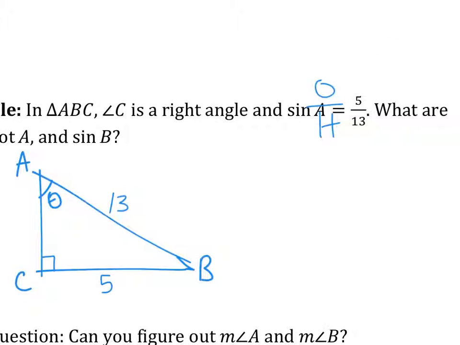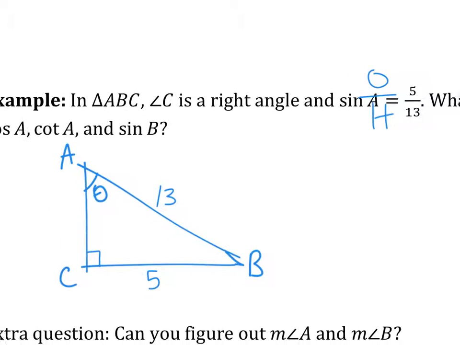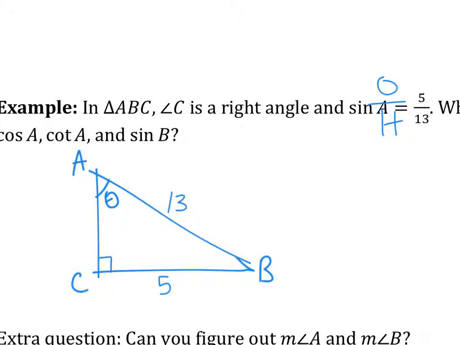Now we have 2 of the 3 sides of the right triangle. The question is, what is cosine A, cotangent A, and sine B? The angle matters, so make sure you're reading the question correctly.